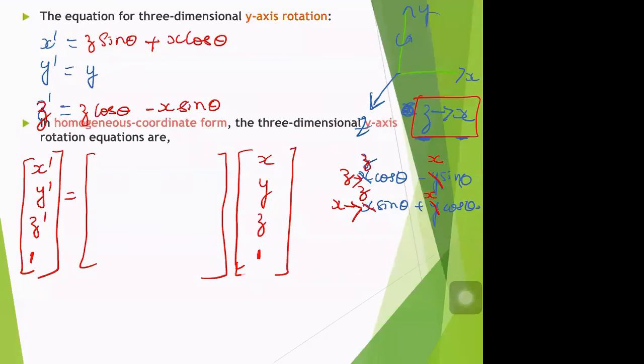So what is on my top? The x-axis, this is my x dash. My x dash is here. So my x dash is calculated from this part first, right? So what should be my x dash?